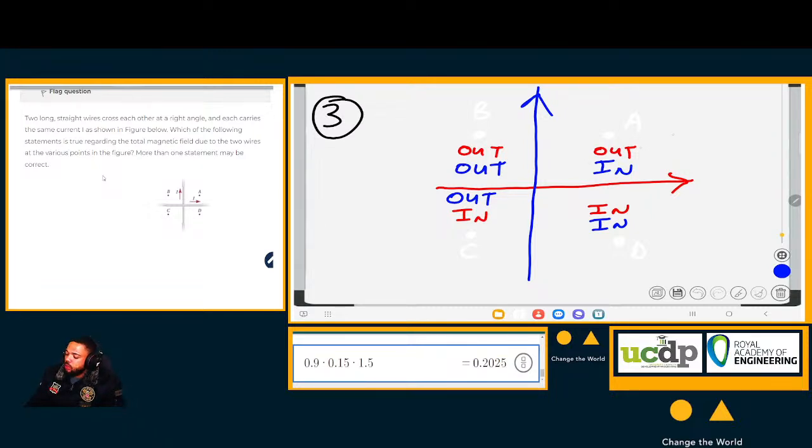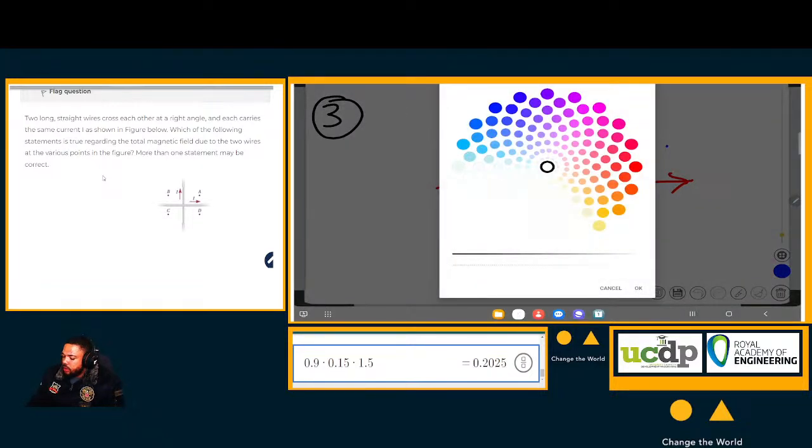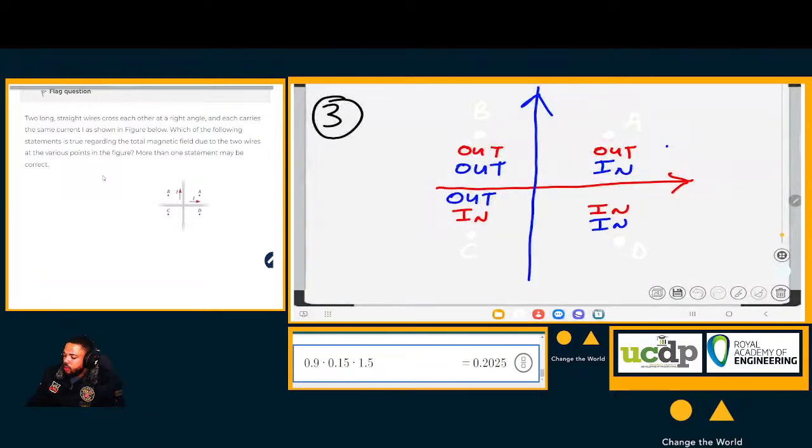So the magnetic field here at A will be 0. It will also be 0 at C, because the magnetic field coming out of the page and the magnetic field going into the page cancel each other out. So at A and C it will be 0.